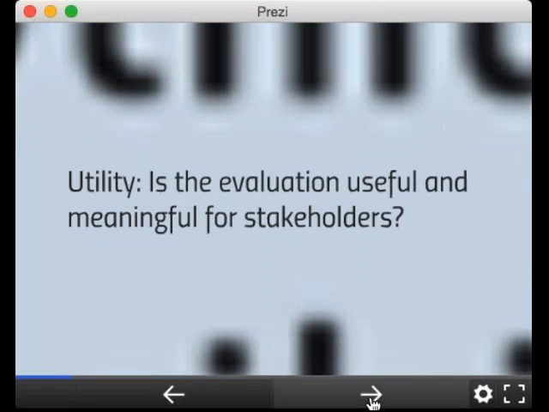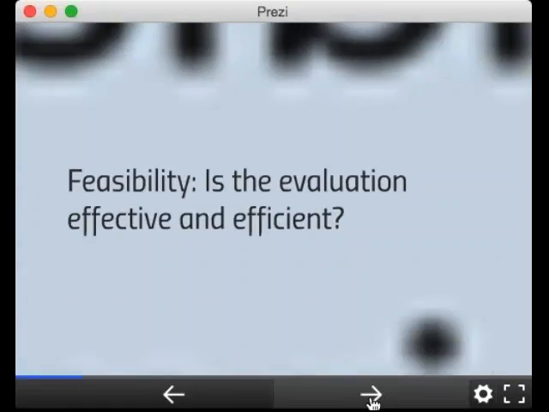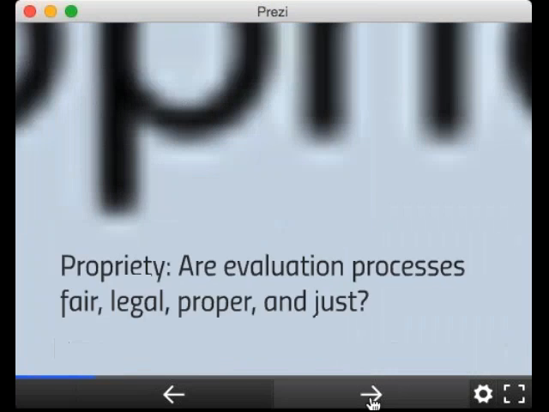So we'll start with utility standards. And utility standards address the issue: is the evaluation useful and meaningful for stakeholders? The next standard is feasibility. And this is the area where the question is: is the evaluation effective and is it efficient? Are you conducting your evaluation in the most efficient way possible, but also is it an evaluation that is useful for you?